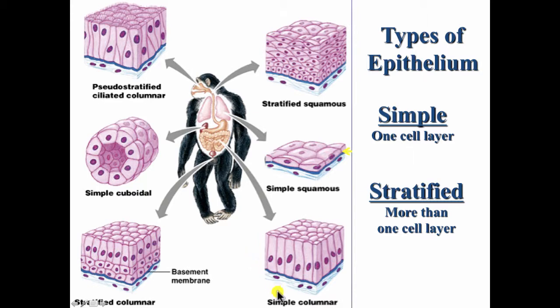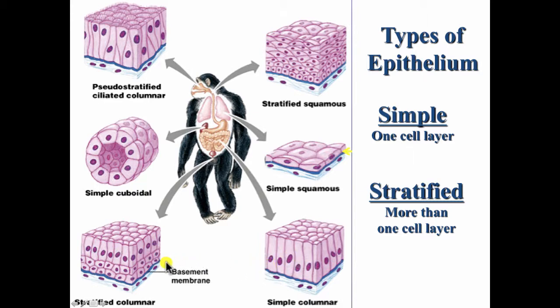Simple columnar epithelium, once again simple because it has a single layer of cells sitting on a basement membrane, but the cells are much taller than they are wide, and one can generally discern this type of epithelium by looking at the shape of the nucleus, which is ellipsoid.